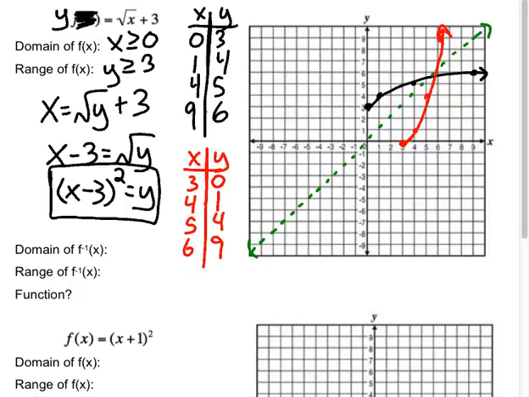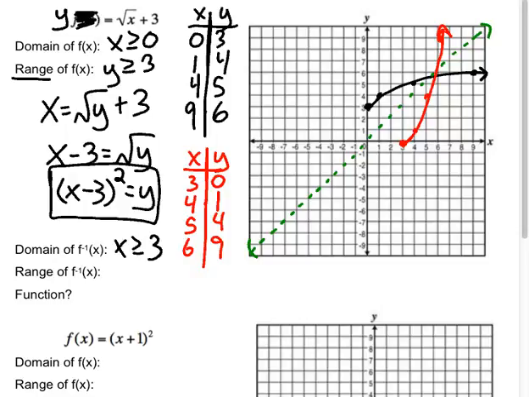Now, you may be wondering, that doesn't quite look like x minus 3 squared, does it? Because x minus 3 squared should be a whole parabola. So you may be wondering, why am I only getting this piece of that parabola? Well, because if you think about it, the domain of f of x is now derived from the range of the original.